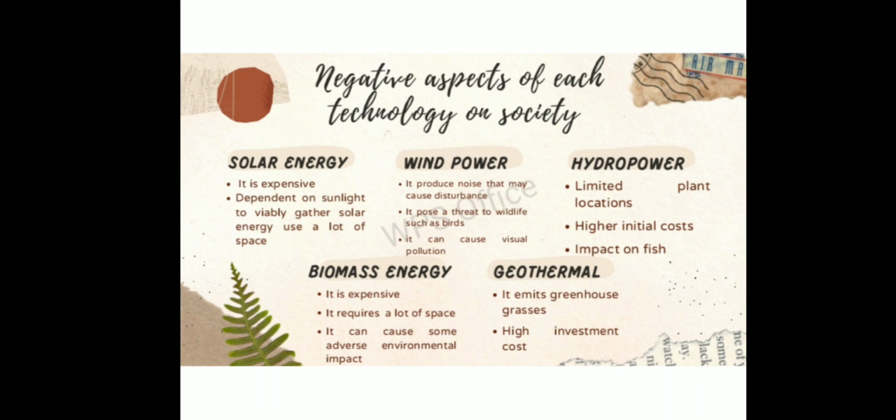Hydropower. Limited plant locations, higher initial cost, and impact on fish. Biomass energy. It is expensive. It requires a lot of space and it can cause some adverse environmental impact. Geothermal. It emits greenhouse gases and has high investment costs.